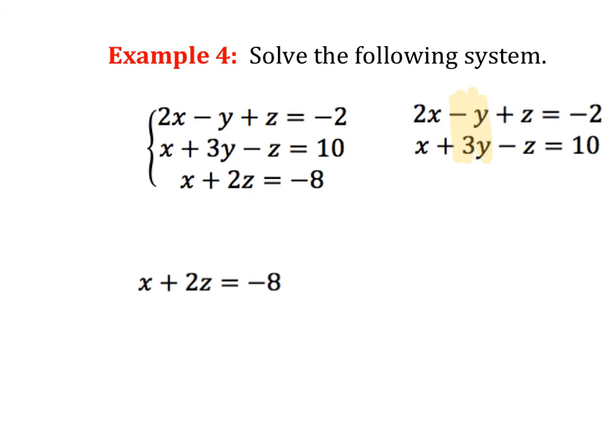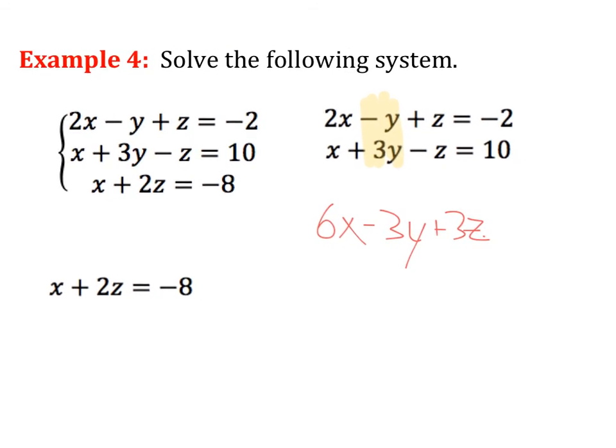All right, so if I multiply that top equation, I'd have to multiply everything by 3. I would get 6x minus 3y plus 3z equals -6. And then we can just take that second equation for face value. Don't have to do anything to that.